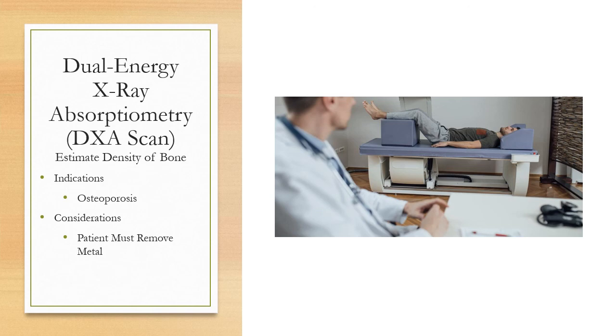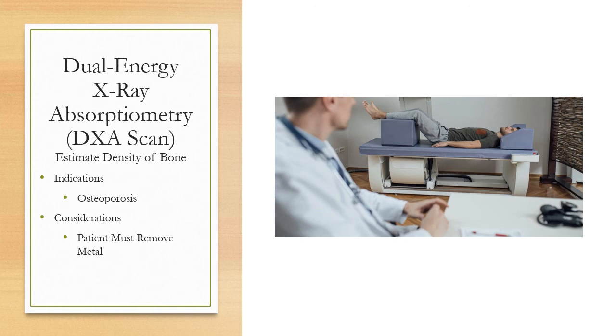So this particular test, there's no injection, there's no radioisotope, there's just two beams that are used, typically at the hip, sometimes at the vertebral column, the vertebra. And what they do with these is they put it through a computer, and it tells us the density of the bone.